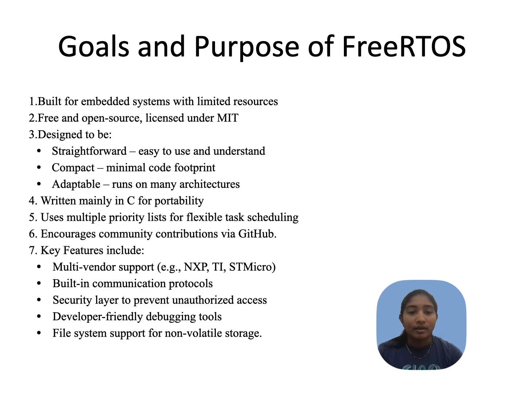It's written mainly in C, which makes it highly portable across architectures. For task scheduling, FreeRTOS uses multiple priority lists, allowing developers flexibility in how tasks are handled. The project is community driven with active development and feedback via GitHub.